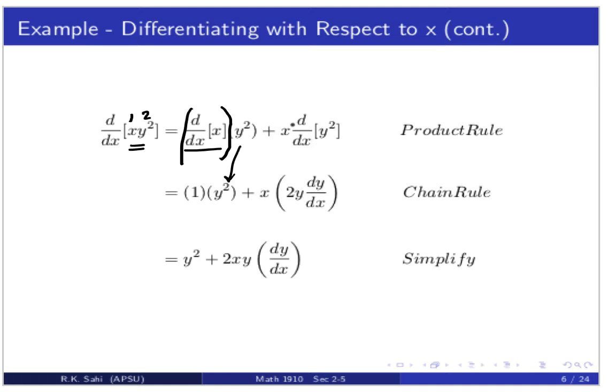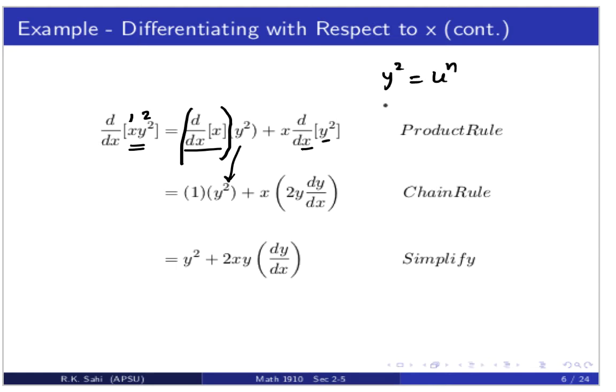Next is x times the differential of y squared with respect to x. Notice the x and the y are not agreeing. So that simply says you've got to apply the chain rule. So what would it look like? Plus x times 2y, you take the normal differential. So remember, you are looking at y squared as u to the power n.